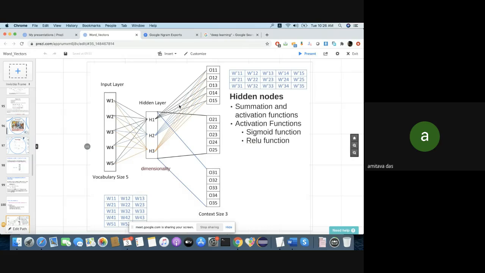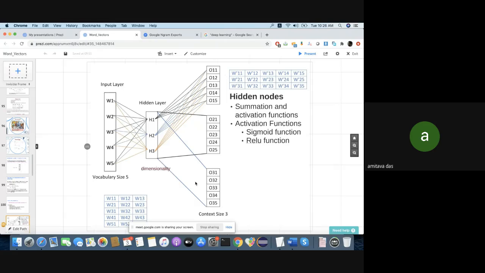We have a connection from H1 to O11, which we name W-11, then H1 to O12 is W-12, and H1 to O13 is W-13, and so on. So we can have 3 such matrices here. Now we have 1 matrix here and 3 such matrices here.